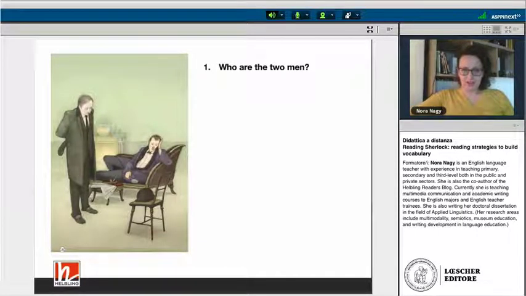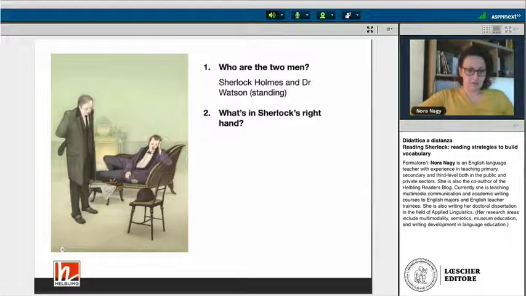If you look at this man and his face, do you remember how we described Sherlock? And that he's thinking, he's holding a magnifying glass. So I can tell you that Sherlock Holmes is the one lying on the sofa, and Dr. Watson is standing next to him.